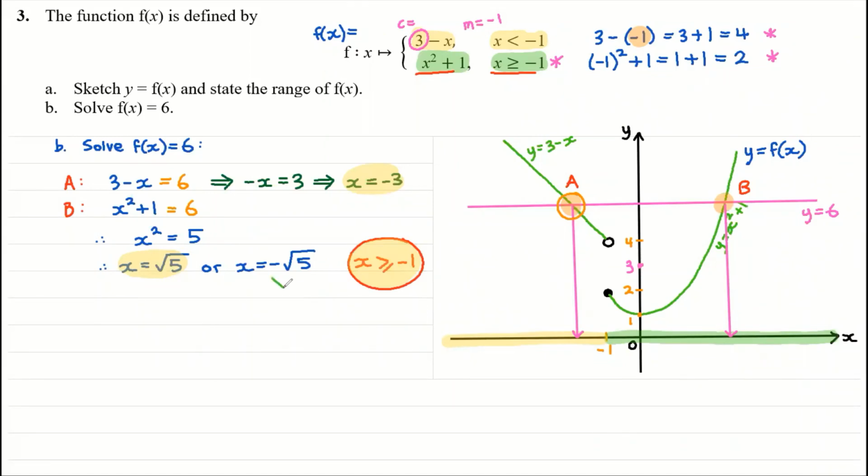So we disregard that. So our two solutions are as follows: x is equal to -3, and x is equal to root 5. And those are the two solutions. Okay, so that concludes the worked examples.